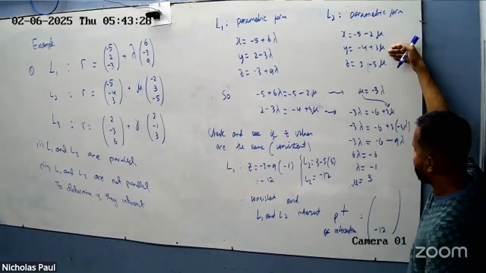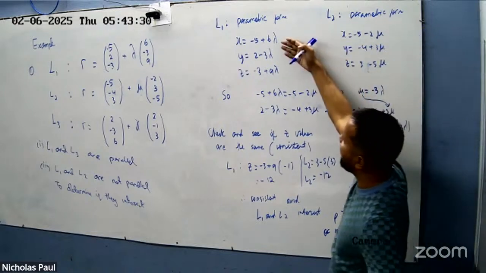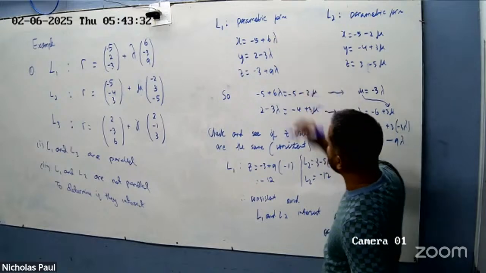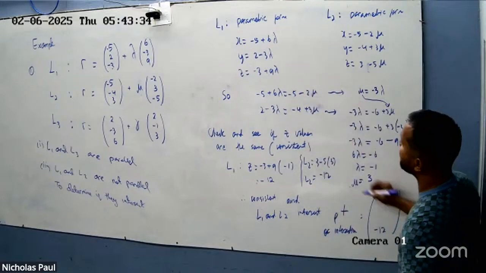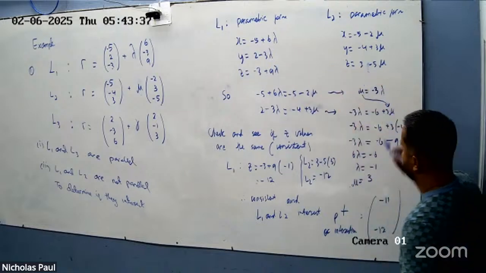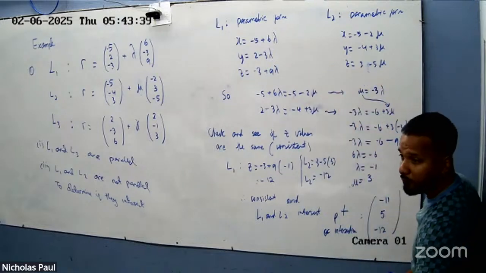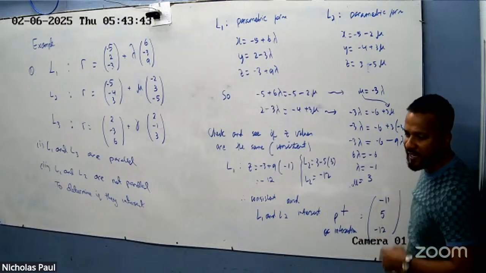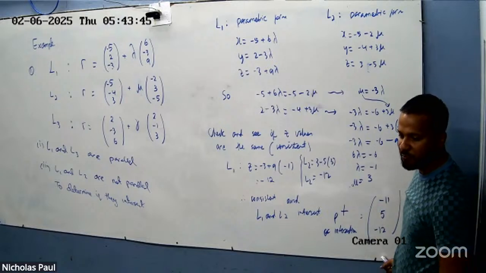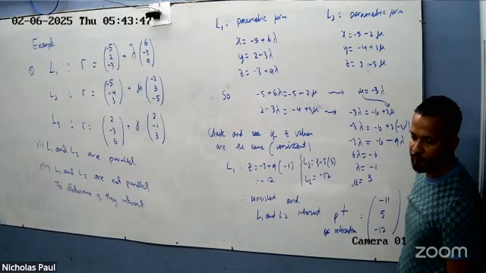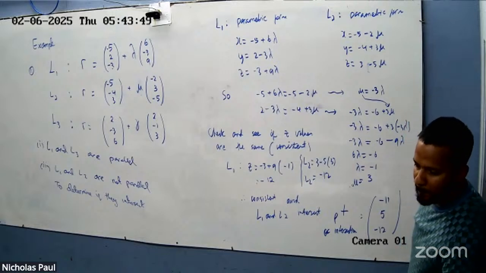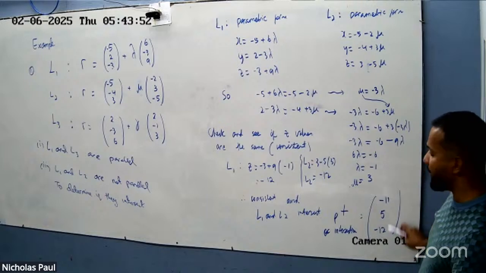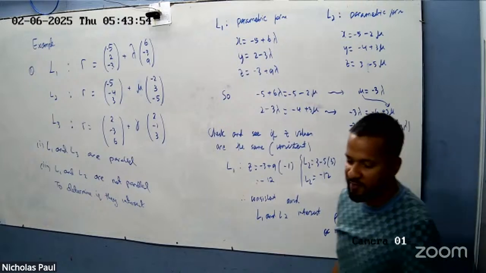Right, so we can find x here, minus 1 by 6, minus 5 is minus 11, and this is 5. So just in case they ask for the point of intersection, you can give them the point of intersection if it intersects.